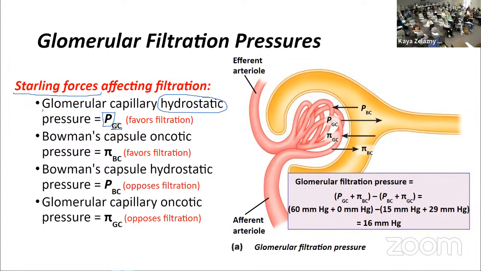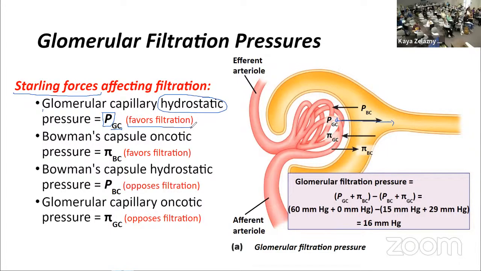It's telling us that the pressure of that plasma, that fluid in the capillary, pushes out on the walls of the capillary. So we have a droplet right here in our capillary, pushing against the wall, out towards the rest of the nephron. So that's why this favors filtration.